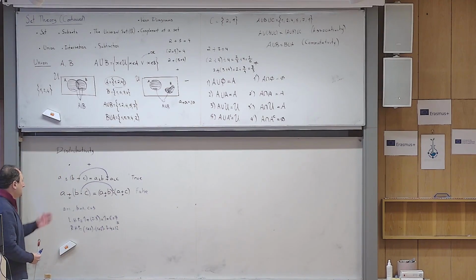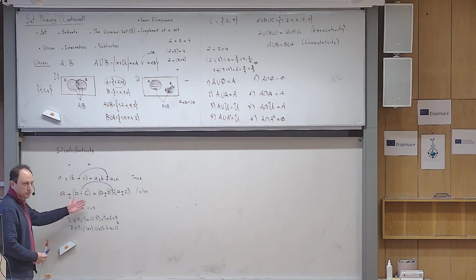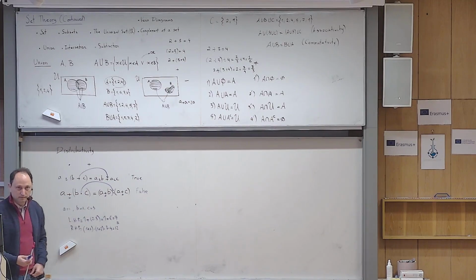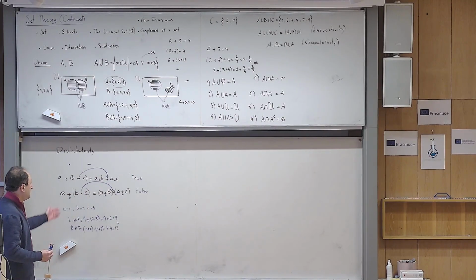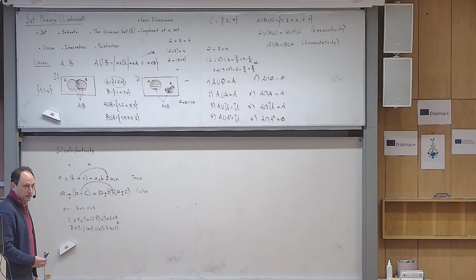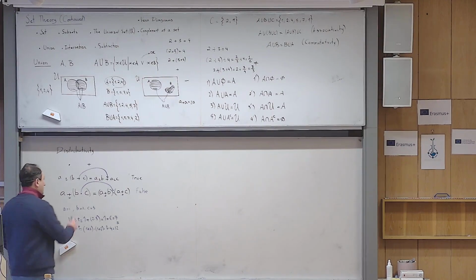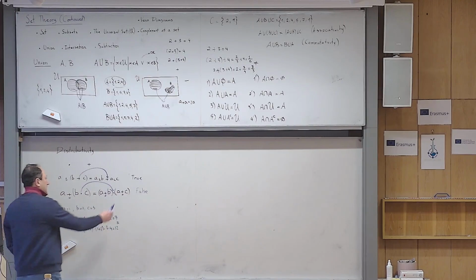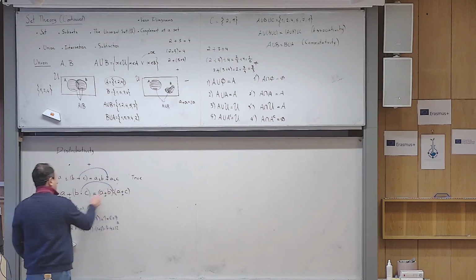Okay? So the reason that you haven't seen this formula before is because it was wrong. Okay? But if it was true, we could have said that addition is distributive over multiplication, which is not true. Okay, so let us take it off.